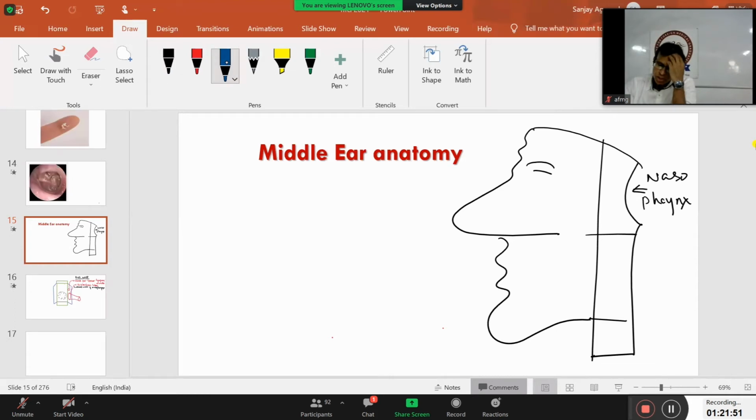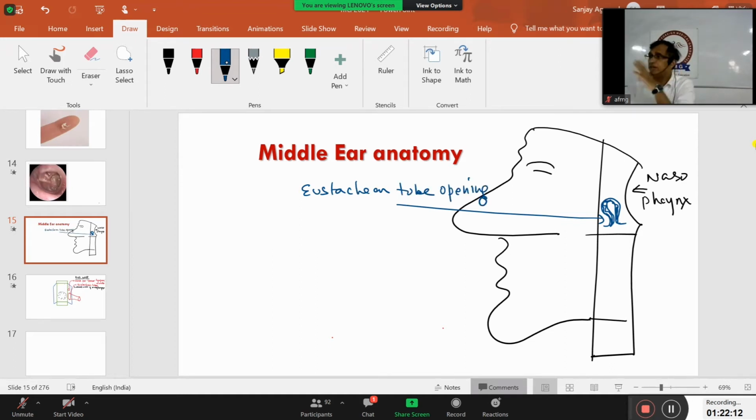But when I draw the eustachian tube here, this is your eustachian tube opening, like this. The other end of the tube is this.